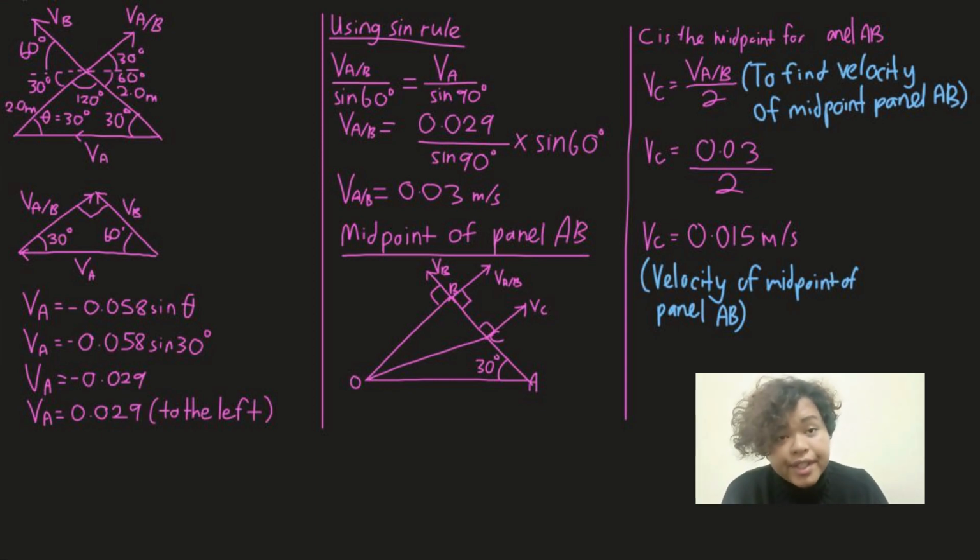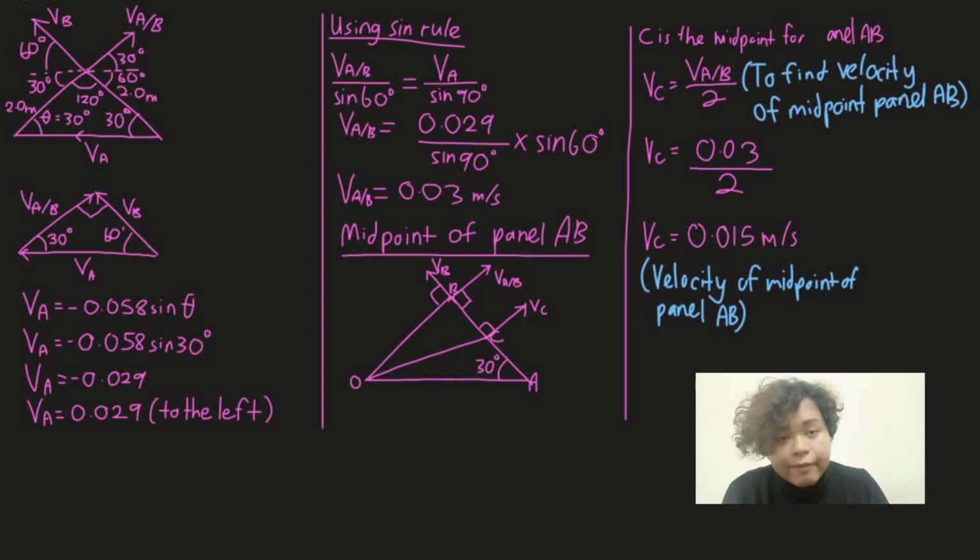So we have VAB over sine 60, which is the opposite angle for the VAB facing it, equal to VA over sine 90 degree.